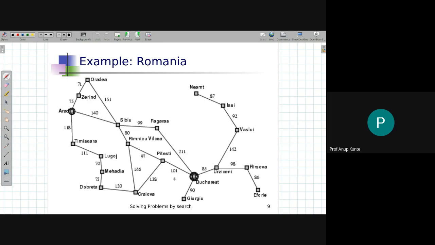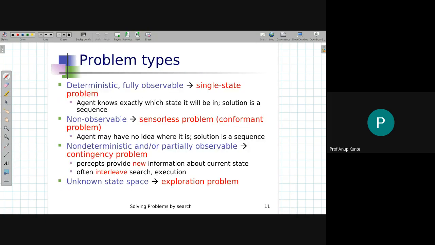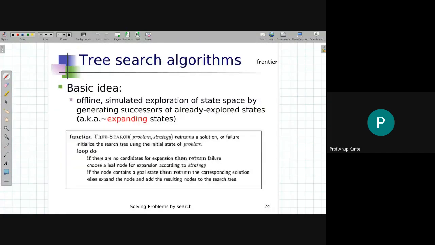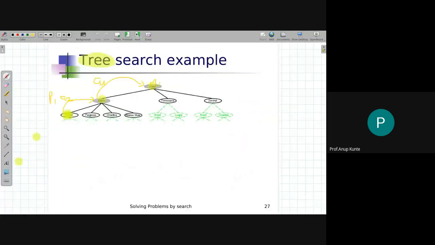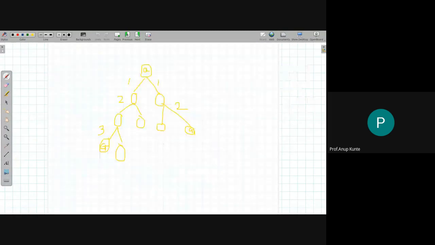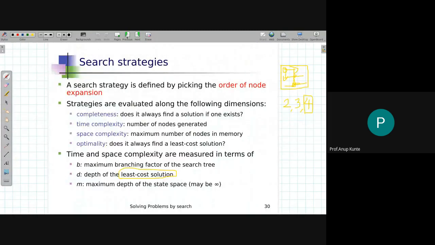So you can start with Arad and you can only expand the tree up to level 4, and you need not explore it into extra depth levels. So M refers to the maximum depth level, and for any problem you can easily have infinitely deep search trees generated. So it is not a finite value.